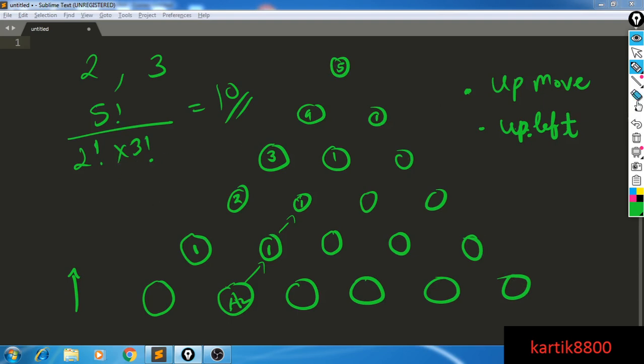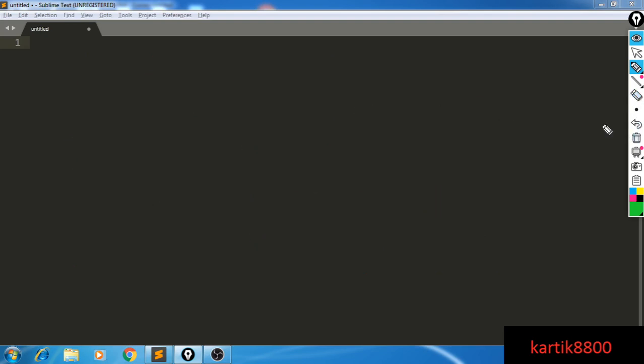And you could actually generalize this. For the ith element of the initial array, to reach the top of the triangle, you would like to make exactly i minus 1 up left moves, and the remaining moves will be only up moves.